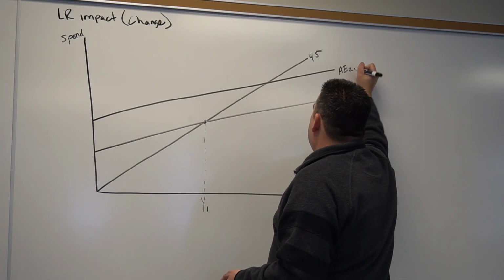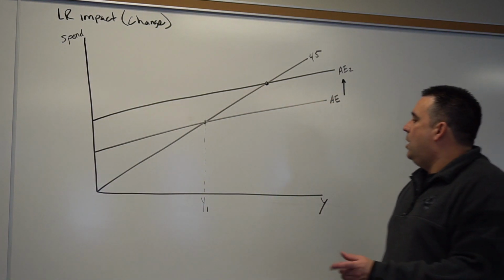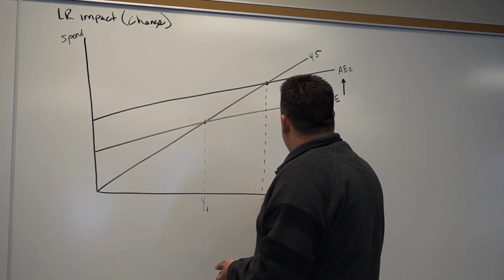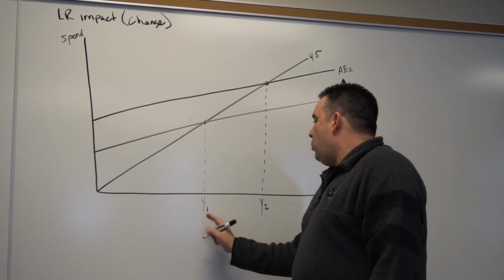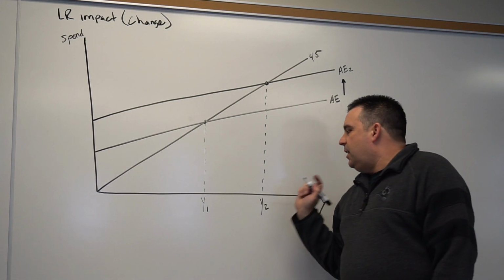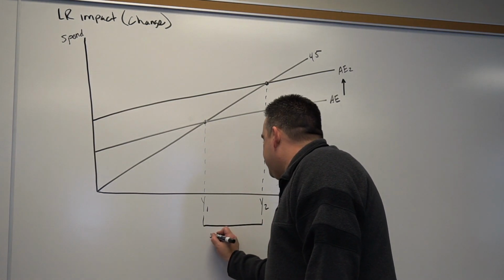to AE2. And if it increases aggregate expenditure to aggregate expenditure 2, look what happens. We see an increase in long-run real GDP. The distance from Y1 to Y2 represents economic growth.